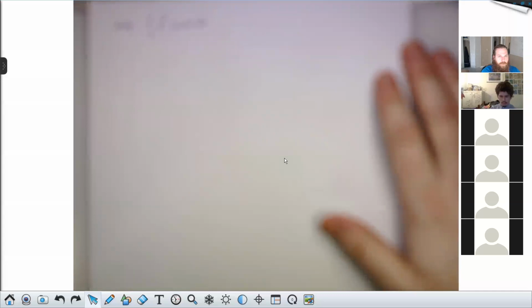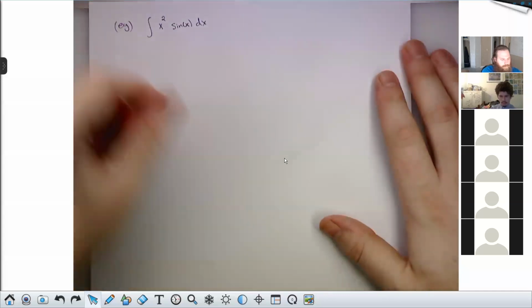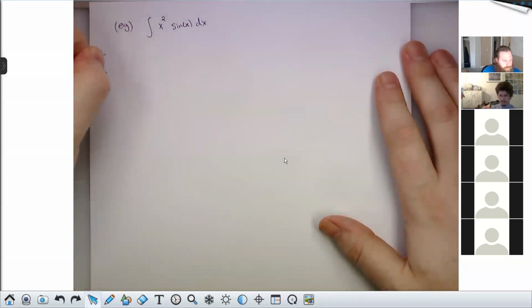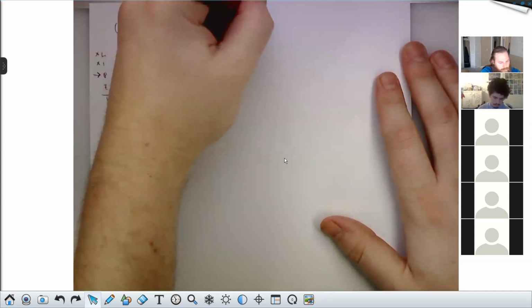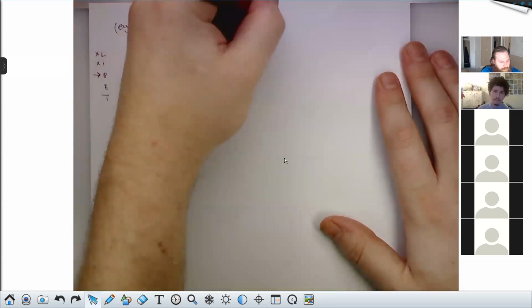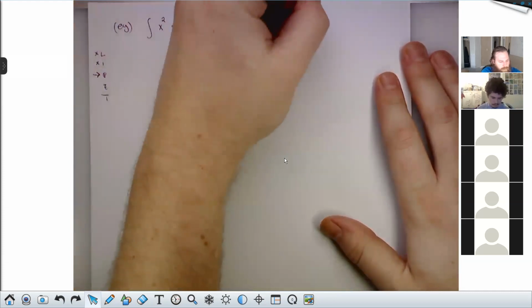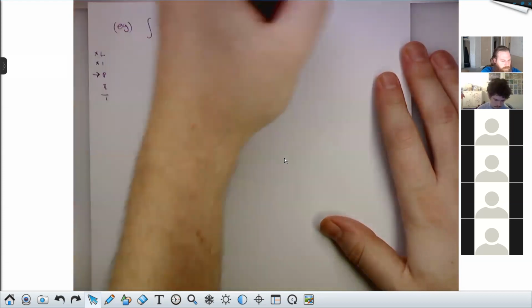If I follow my LIPET rule, I don't have any logs, I don't have any inverses, but I do have a polynomial, right? The x squared piece is a polynomial. So I'm going to pick u to be my polynomial piece and dv to be everything else.